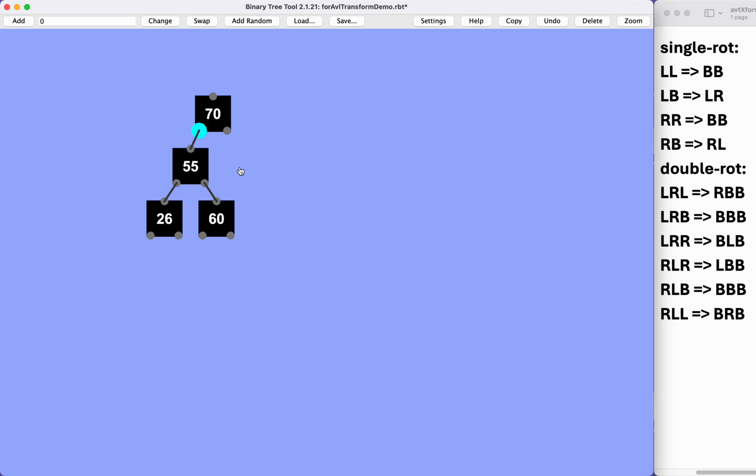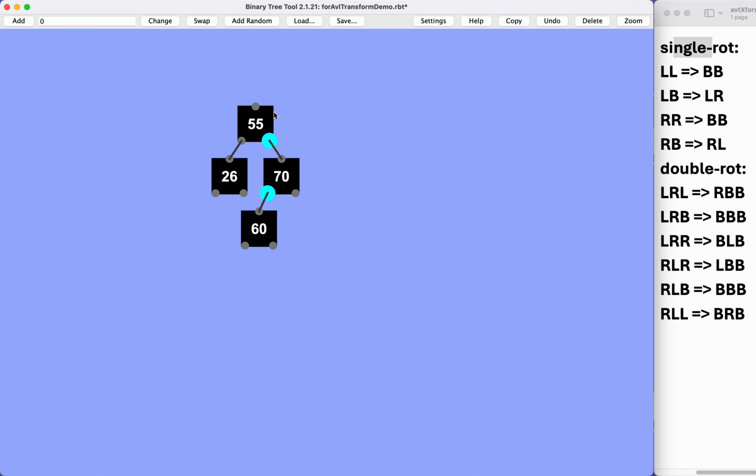The left-balanced case says it should be modified so it is left, right, and it's still in the single rotation group, so we do a single rotation. This node ends up being left, this one changes to being right, and we do a single rotation. Again, we have a valid AVL tree. Again, there could be subtrees here; they just go along for the ride.